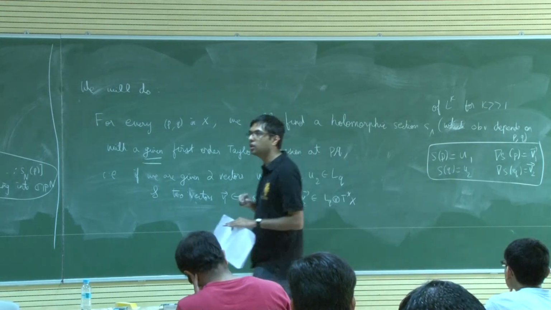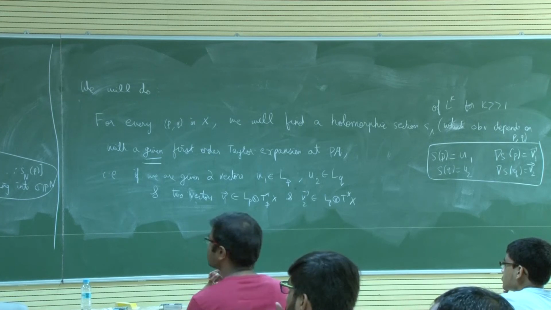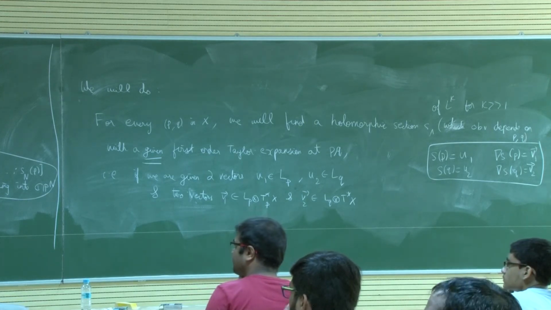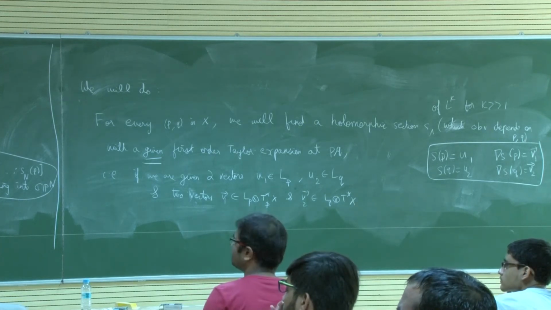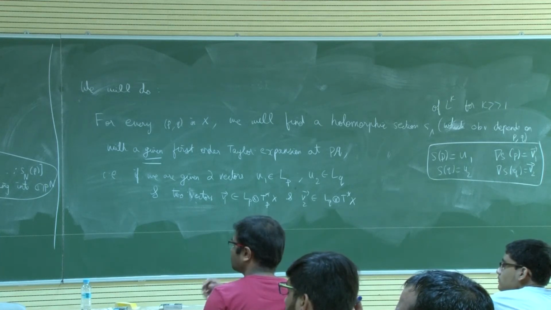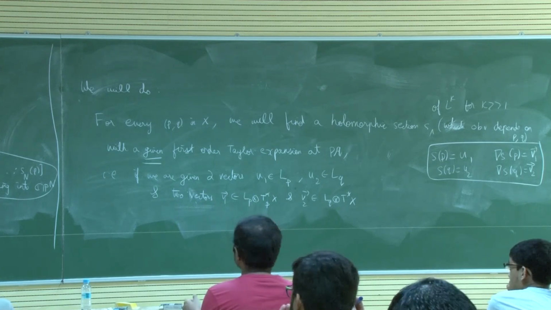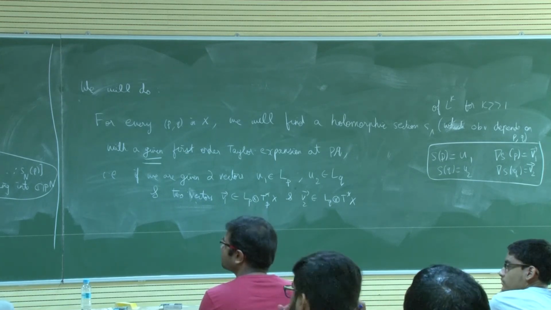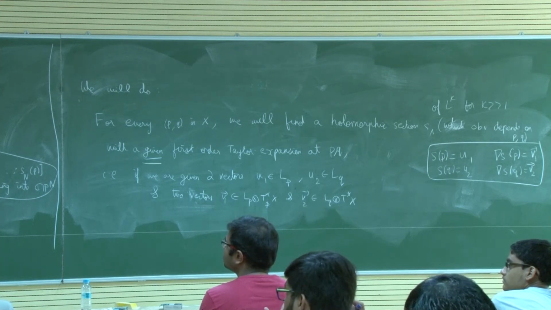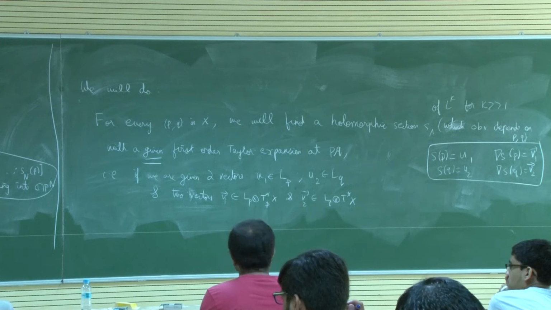In very simple English, this is just saying that you give me the section and its derivatives at those 2 points. I will find a holomorphic section that matches up your data up to the first order. You're specifying the first order Taylor expansion. Why the first order Taylor expansion? Because we need to take care of the derivative being injective, remember?